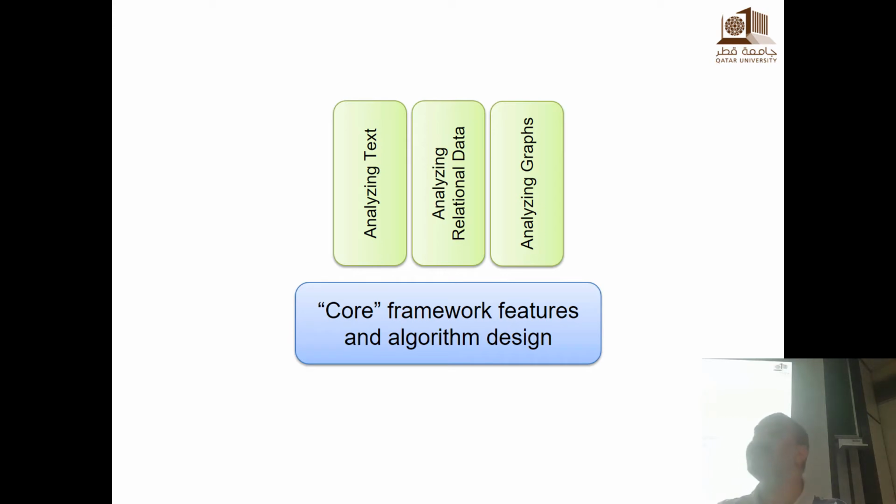From this week, you will see them in real applications. So we'll be dealing with three different types of data: unstructured, mainly text, structured relational data, and graphs. And you will see these design patterns in practice, how we will use them, inshallah.